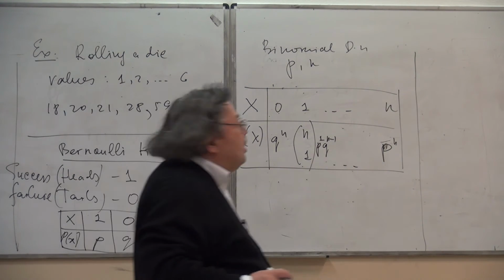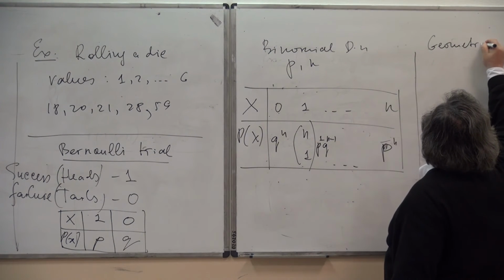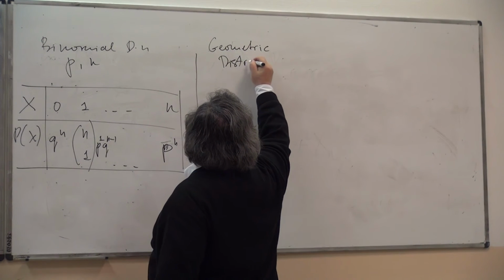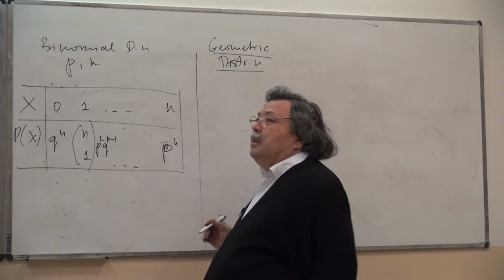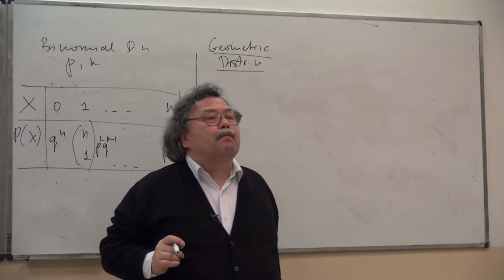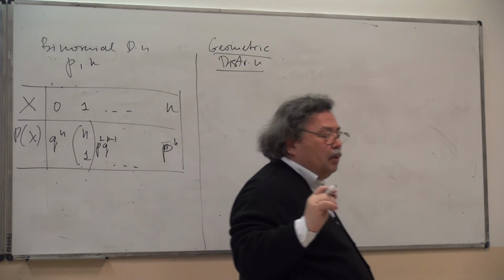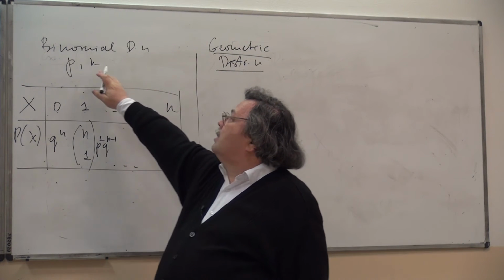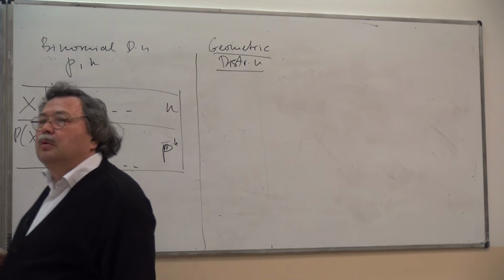It's called the geometric distribution or geometric random variable. Let's ask this question. Suppose we perform this Bernoulli process. Well, this time we said in advance that we are going to perform n Bernoulli trials.